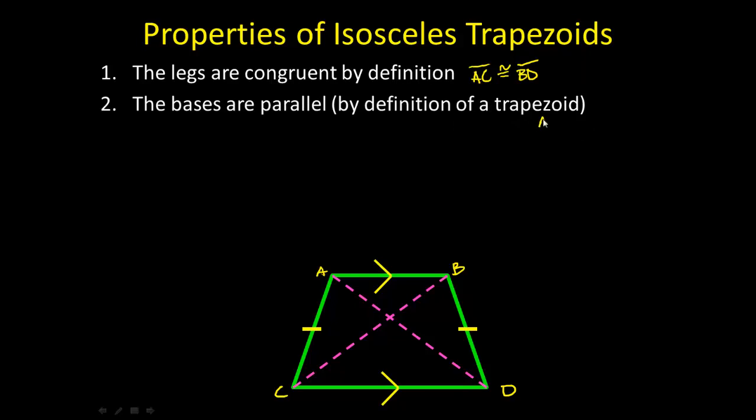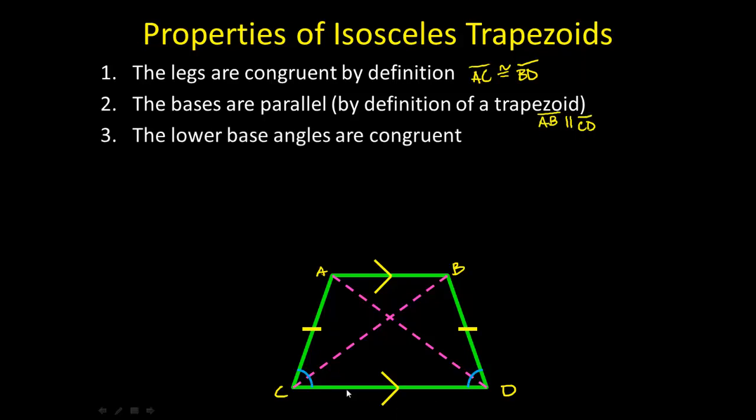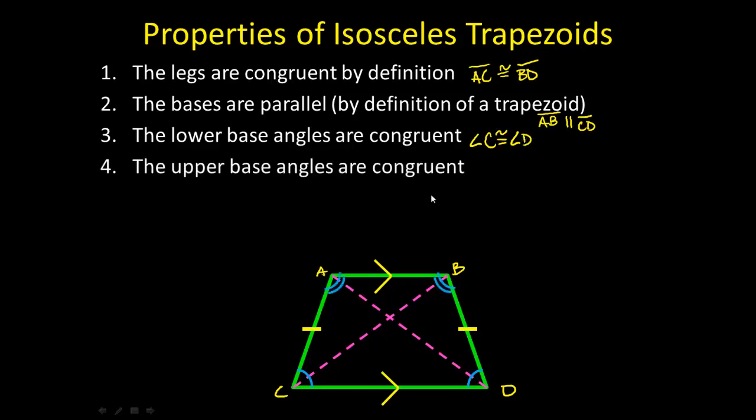So we could say that AB is parallel to CD. The lower base angles are congruent. Now, that's only in an isosceles trapezoid. So angle C is congruent to angle D. The upper base angles are congruent. That would be angle A is congruent to angle B.